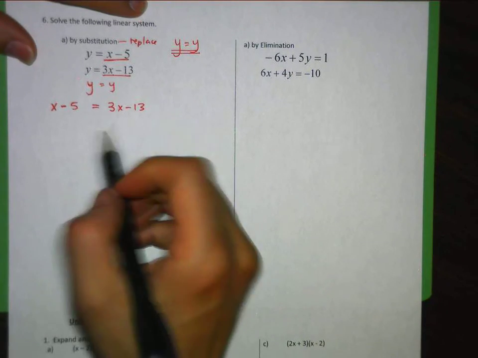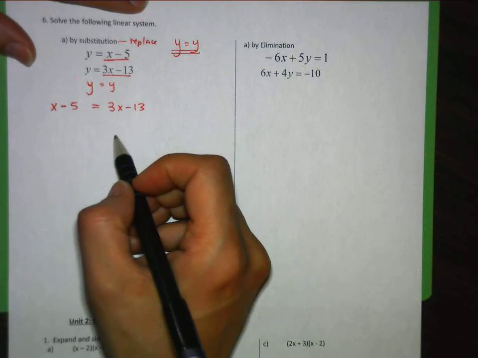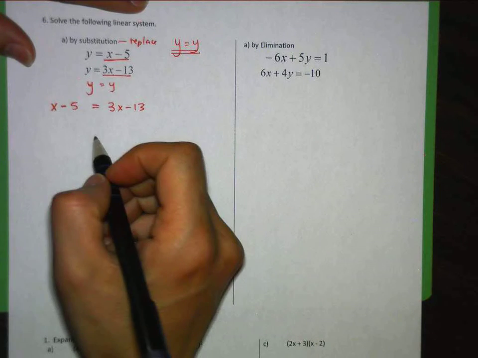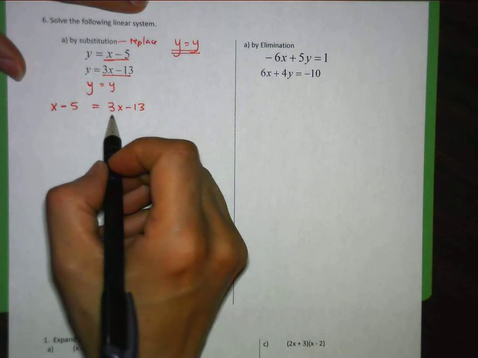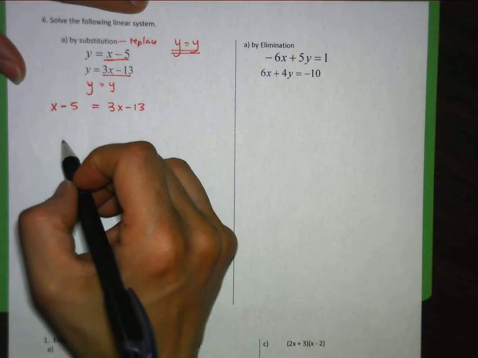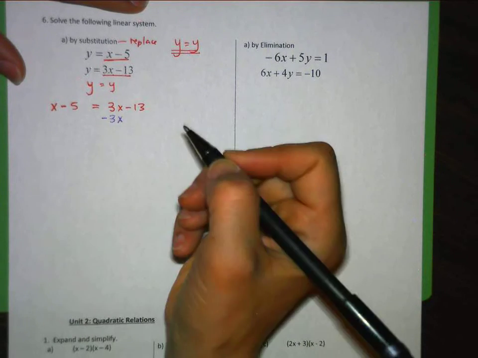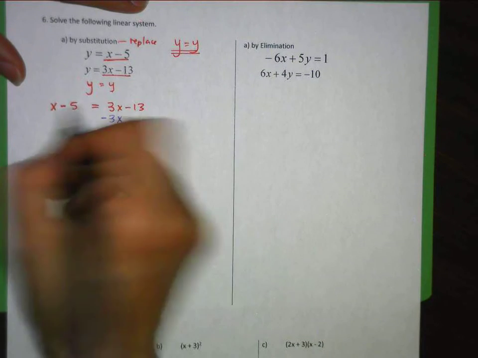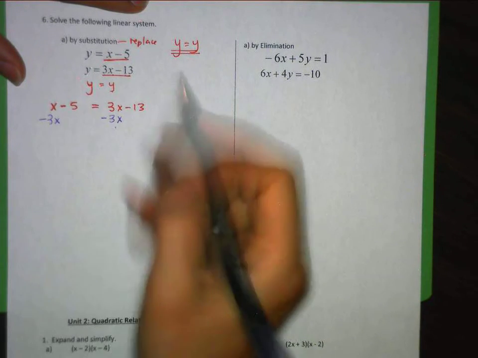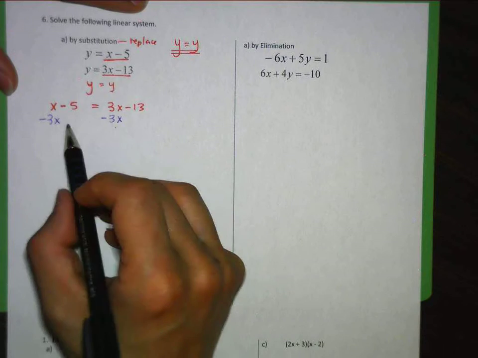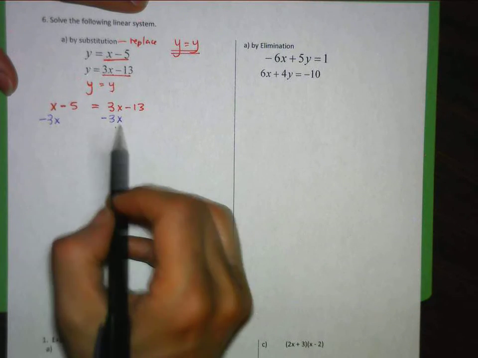This is where I choose what to multiply or divide to get it by itself. I know most people like to have the variable on this side, so I'm going to subtract 3x, because if I subtract 3x on this side, I need to subtract 3x on this side. It doesn't really matter where I put it, but I usually put it under the like term.